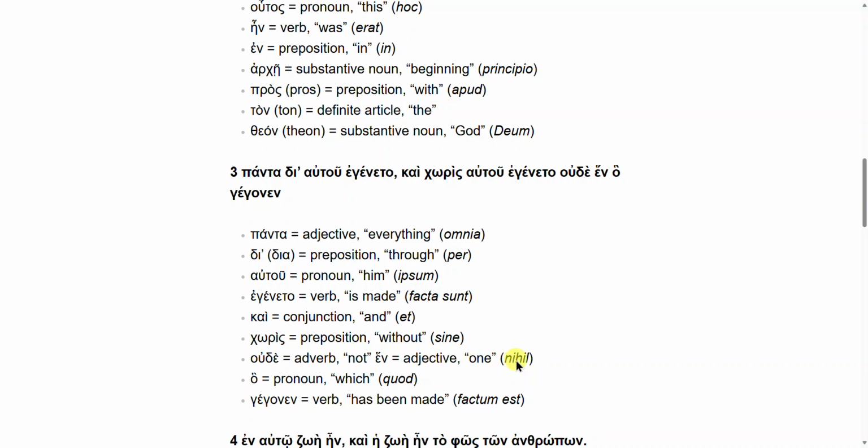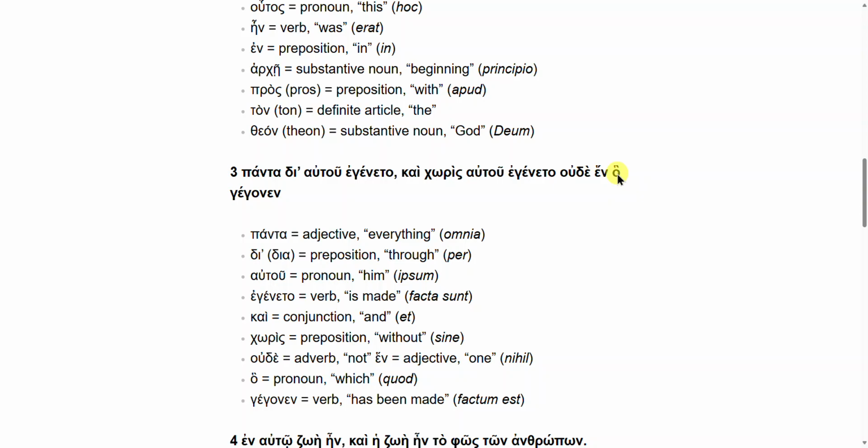So the Latin word nihil is St. Jerome's translation of the phrase ude hen, which means not one, or none, nothing. Not one thing. So ude hen is what St. Jerome translated as nihil.